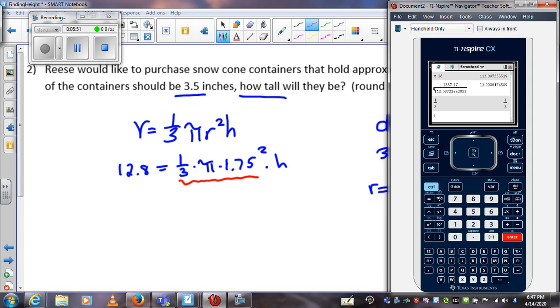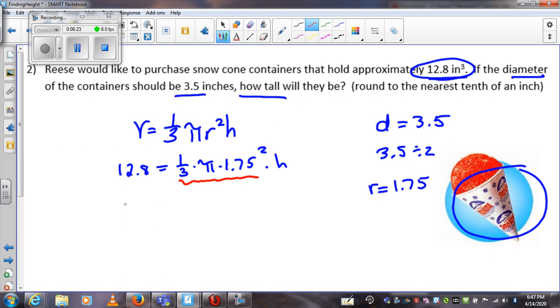Without hitting anything else, I'm going to say times, see how it comes up with answer, times pi times 1.75 squared. Enter. Okay, that's really hard for me to read. I don't think I put my decimal in the 1.75, but the good thing is I already did my calculation.